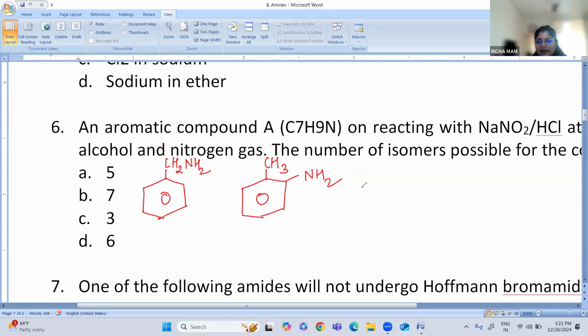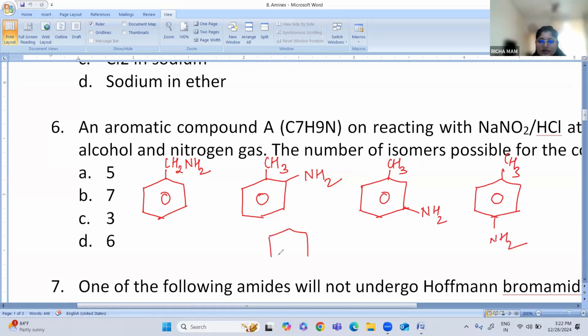Then I can write meta and para positions also, so those can also be isomers, the same with CH3 and NH2. Then one more, NHCH3. So there are five. Total there are five isomers possible.